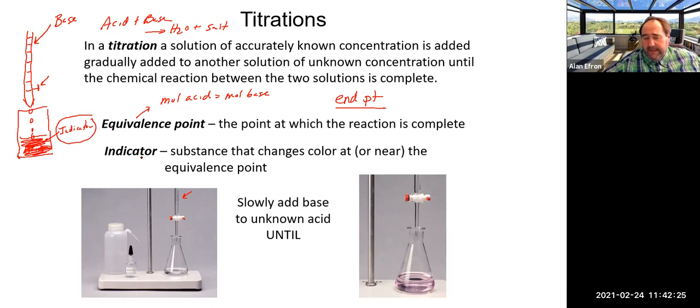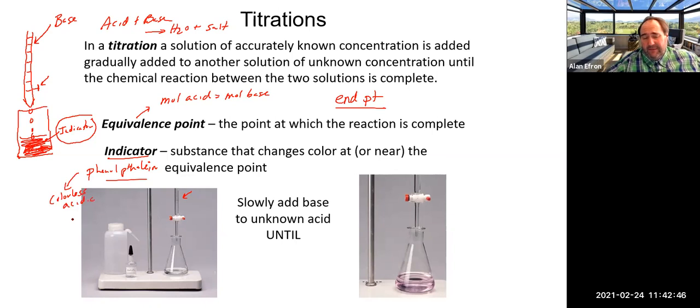A very common indicator that's used, for example, is phenolphthalein, which is probably one you've used before. It is colorless in acidic solutions.